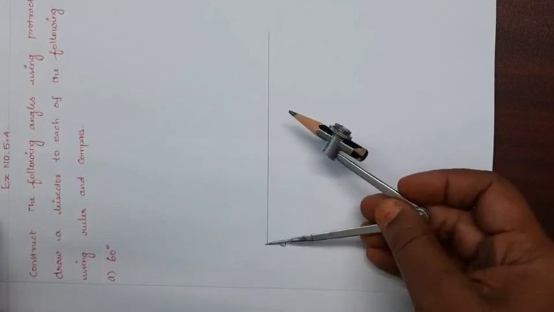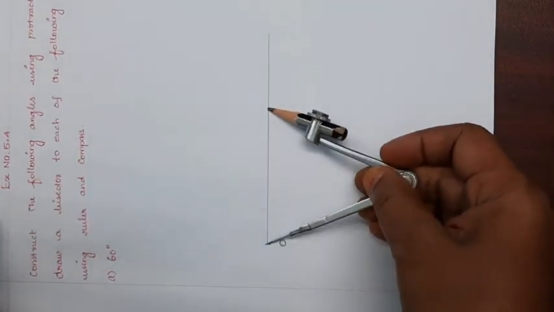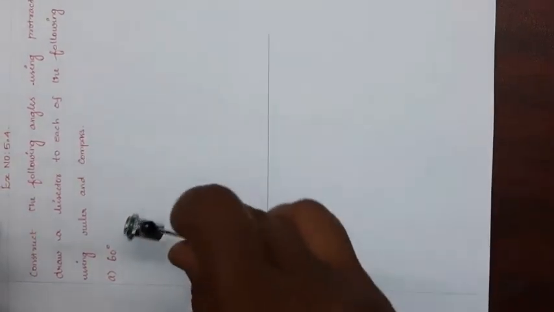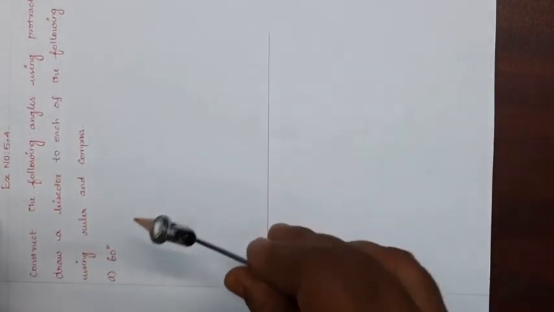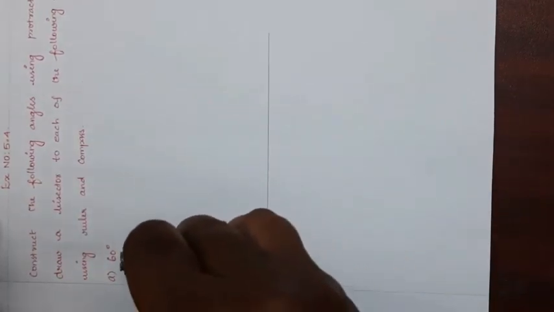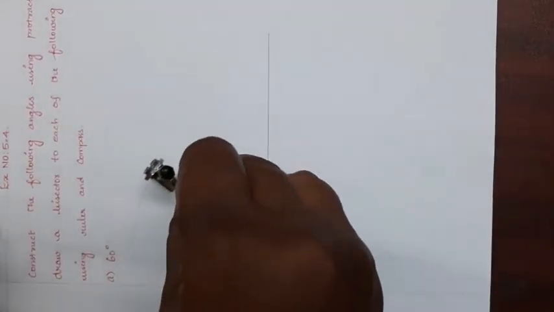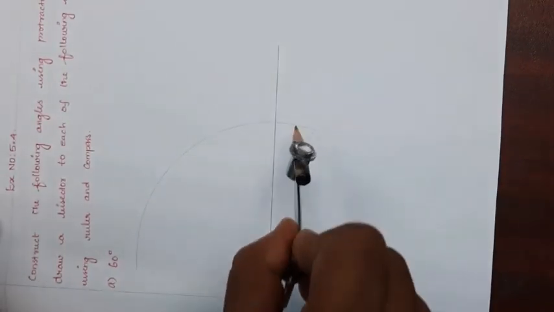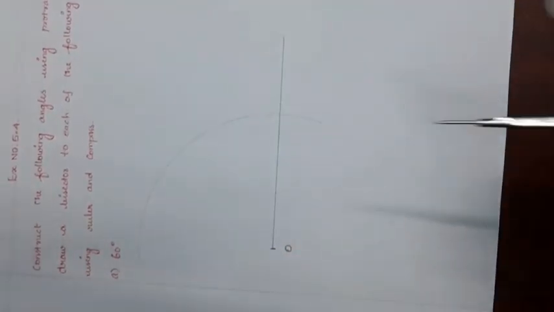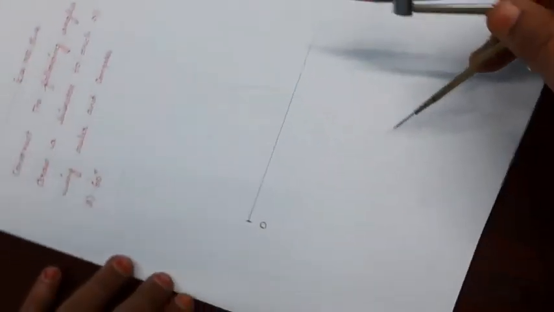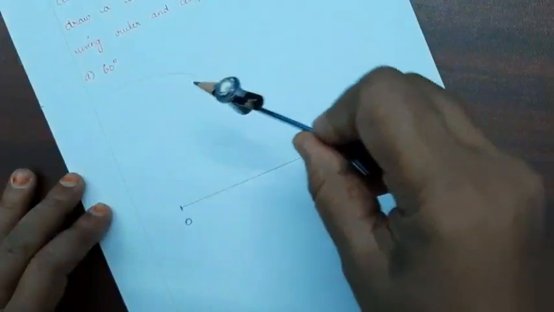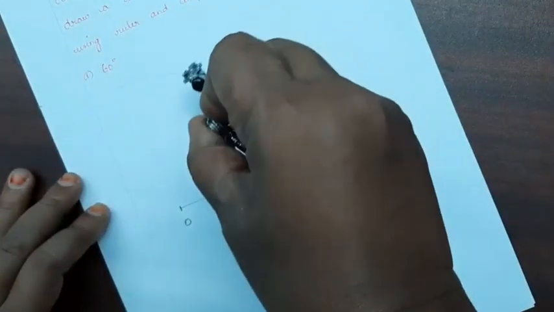Then draw a semicircle like this. With the same measurement, we have to draw an arc like this.